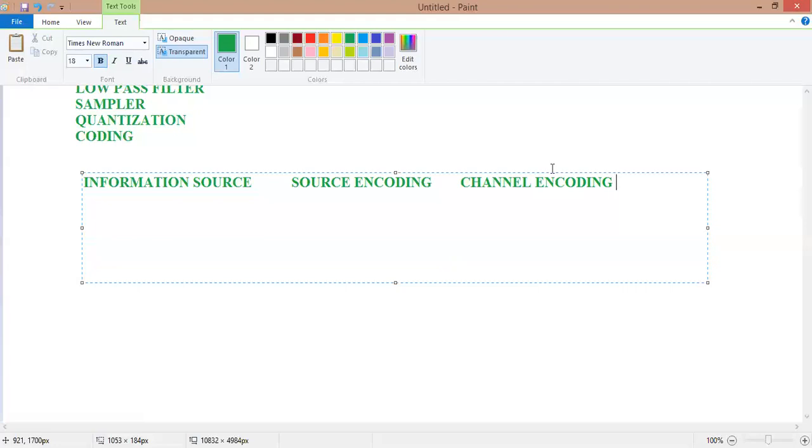That is possible by using, better to say, error coding. When I want to detect or correct the error, how do I do that?